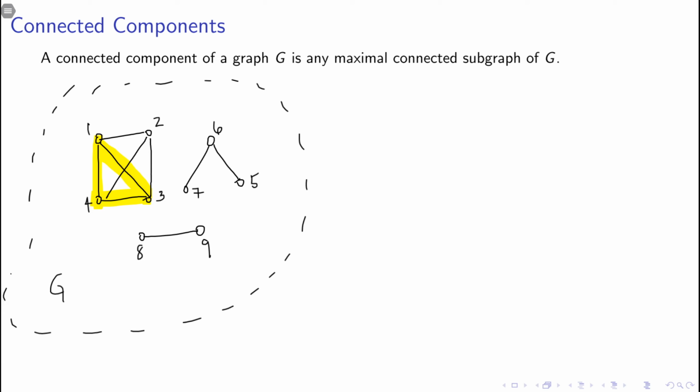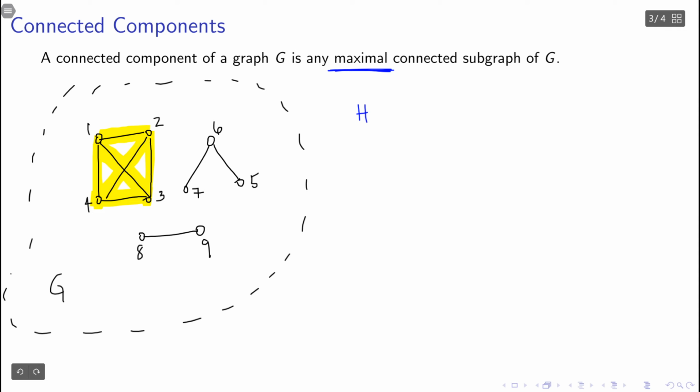But it's not maximal in the sense that you can include or append more vertices, more edges into that triangle and still keep it connected. So that's what the word maximal means. Can you add any more edges to your graph? If the answer is yes, then it's not maximal yet. And so the maximal connected component corresponding to this subgraph with 4 vertices is this entire thing.